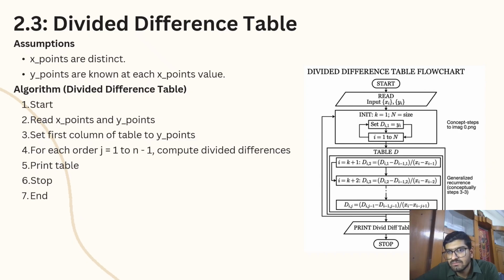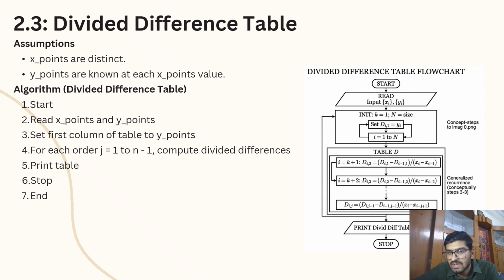Now in the flowchart we can see we have initially read the input, then compute the values of the table using the formula: for i equals k plus 1, d i,2 equals d i,1 minus d i minus 1,1 divided by x i minus x i minus 1, and so on with iteration k plus 2.